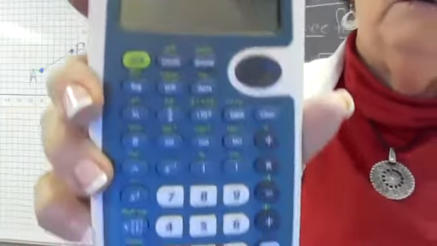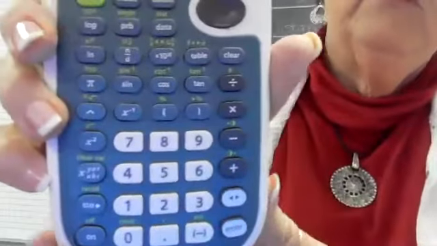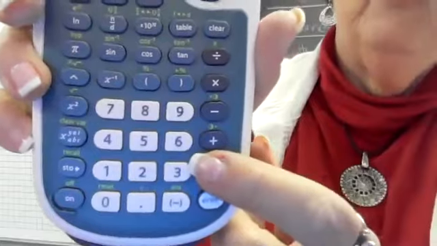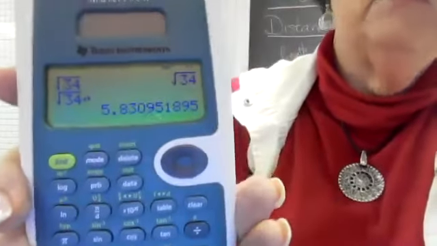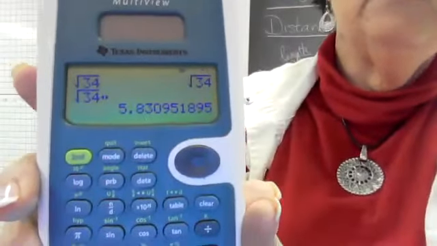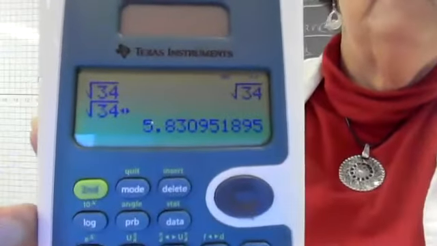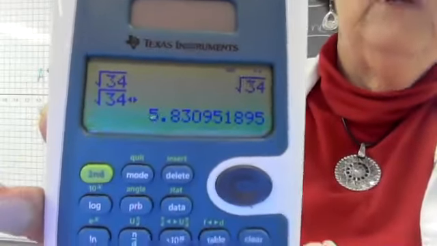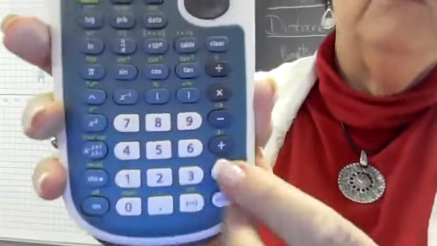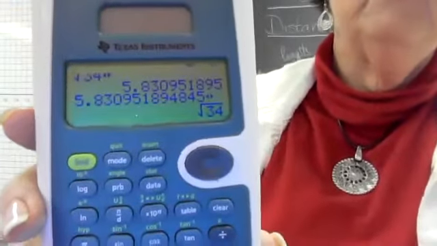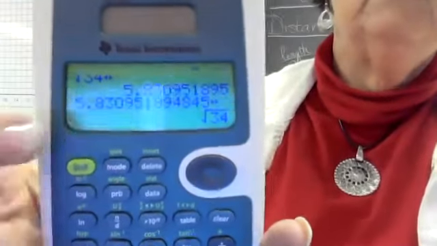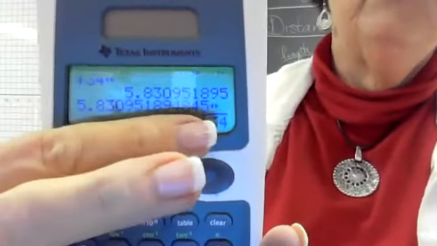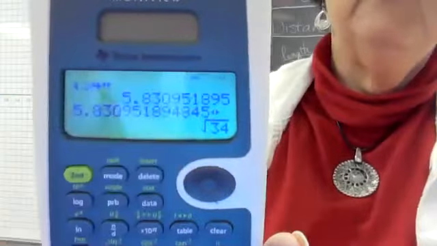Well, on this calculator, we have a toggle switch right here. I can push the toggle switch, which will change this to the equivalent decimal. And just so you know, the toggle switch will go back and forth if you need it to, from a decimal to the square root, from a square root to the decimal.